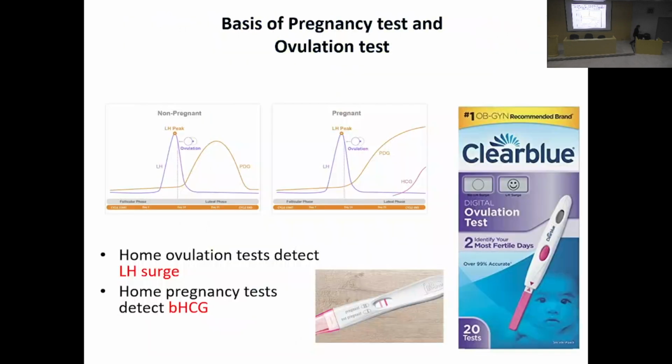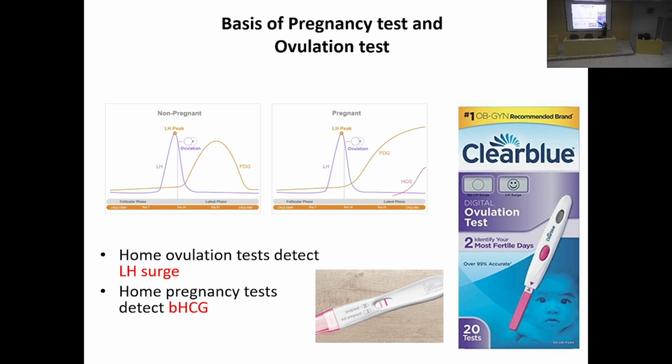That is why many of the store-bought ovulation tests, which are urine tests, detect the LH surge. They can tell the woman, yes, you're ovulating, and that increases the chances of getting pregnant. Especially in women whose cycle is not regular and who don't know when they're ovulating, this will give them a clue, and then they can start trying to have a child.